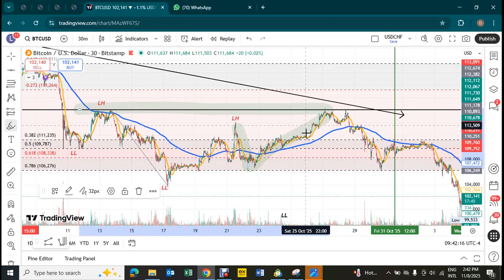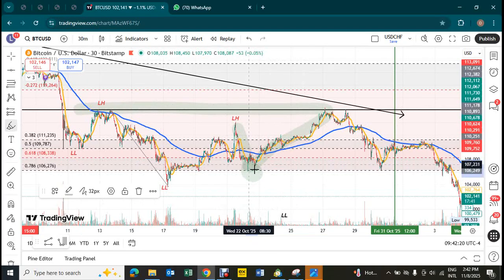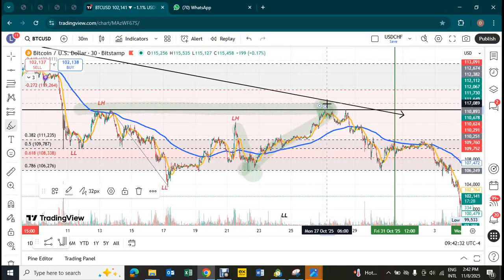Now we are going to be having a higher low down here, and a higher high up here. Higher low will be here because an uptrend market is now building, so we'll have a higher low here, higher high here, then we're expecting a higher low at this level. This is just for a lower high downtrend market.